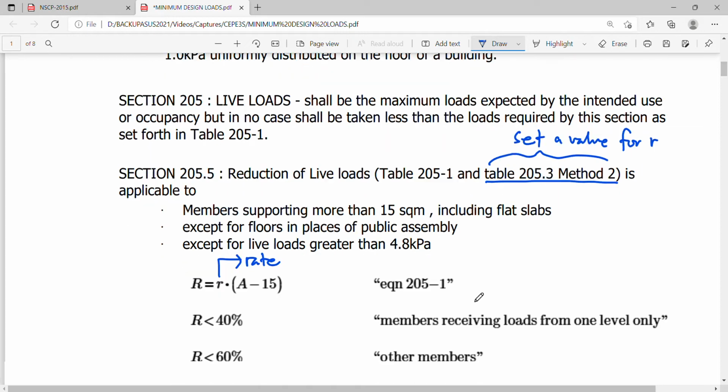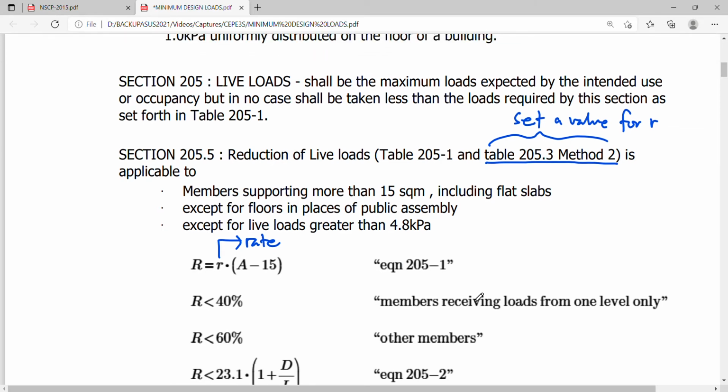And this is simply multiplied with the excess area. Okay, so this is simply an excess area coming from the actual area, the tributary area of the members supporting the floor. Let's say I have here a column which supports a tributary area, say, based on my geometry, a 5 by 5 meter area.